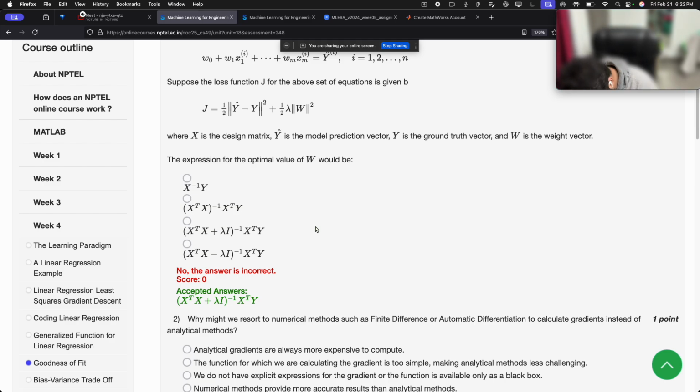So we write X W equals Y, multiply by X transpose, X transpose X W equals X transpose Y.